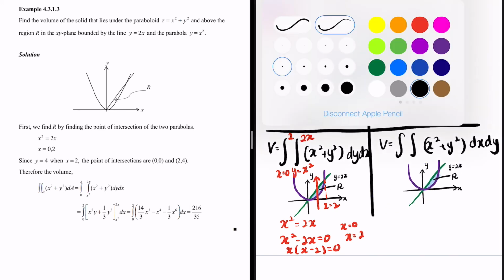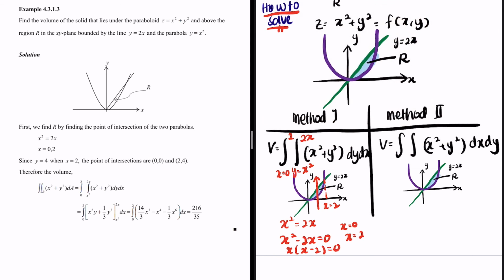Again, I'm going to sketch an arrow, and this arrow should be parallel to the x-axis, from left to right. According to my understanding, in order to determine the lower and upper limit with respect to variable x, I should follow the red arrow.